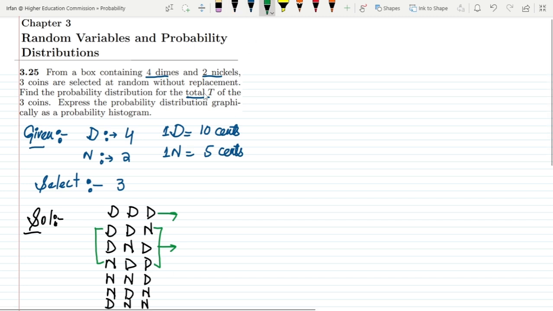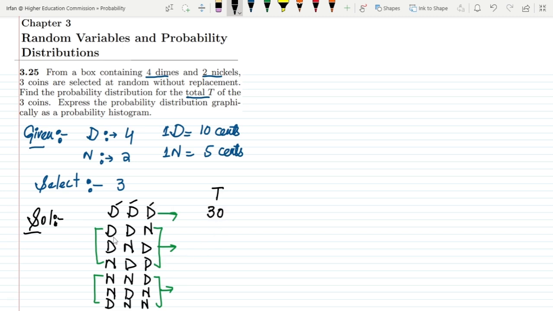Here these 3 are also in the same category where we have 2 nickels, and we cannot have more than 2 nickels because the given number of nickels here is 2. Therefore the total cost for this one would be how much? This will be 10 plus 10 plus 10, this will be 30 cents.